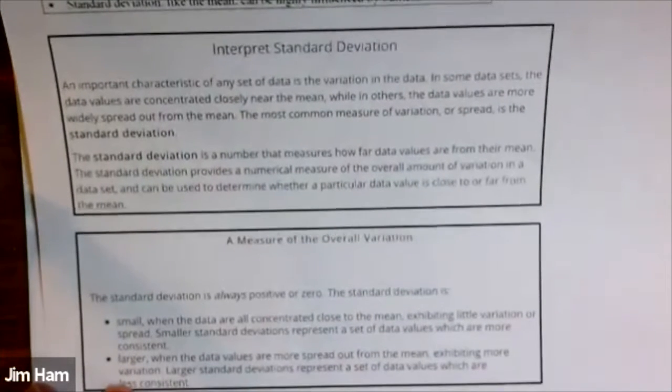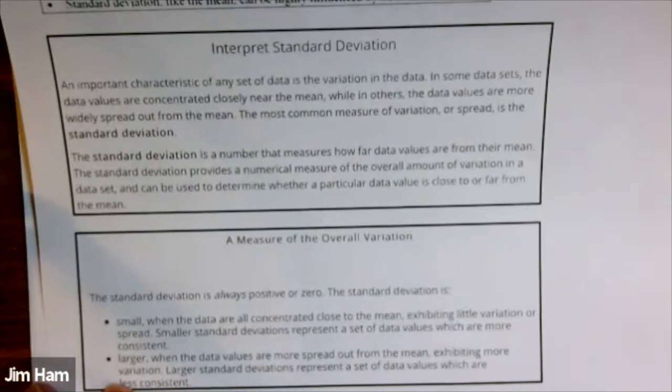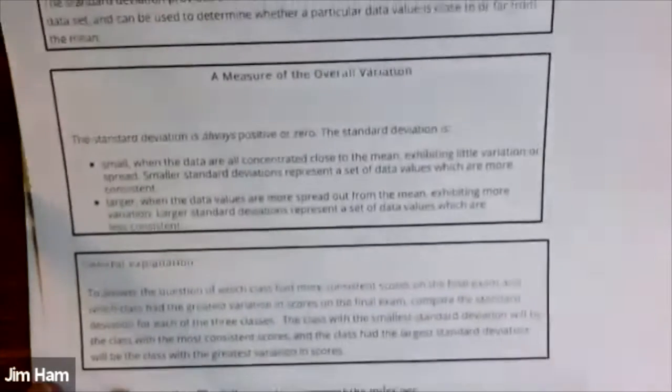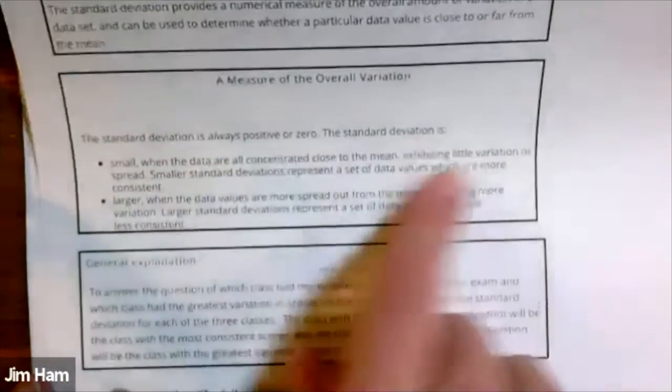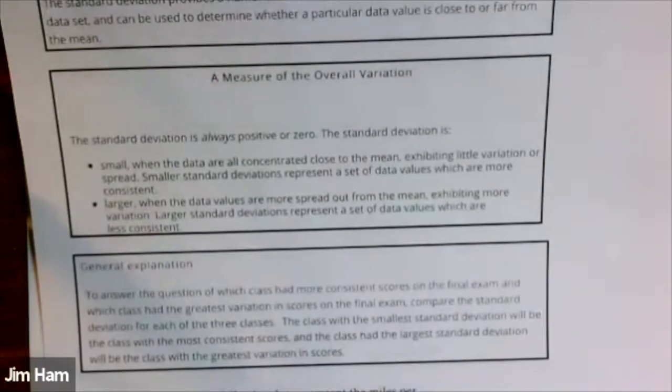Here's another interpretation of the standard deviation, and I think this is a good way to think about it. The standard deviation is small when the data values are clumped together, and the standard deviation is big when the data are greatly dispersed from one another.